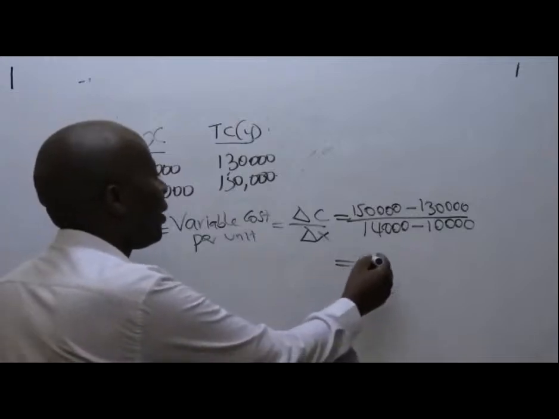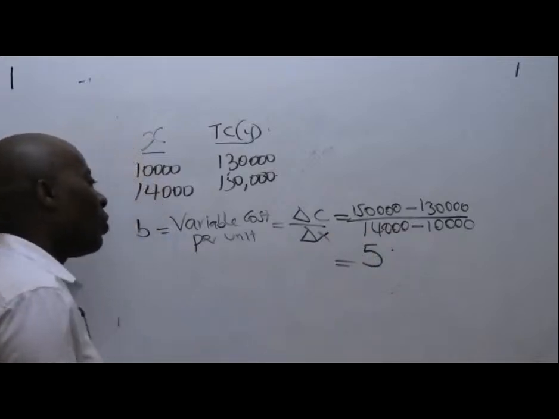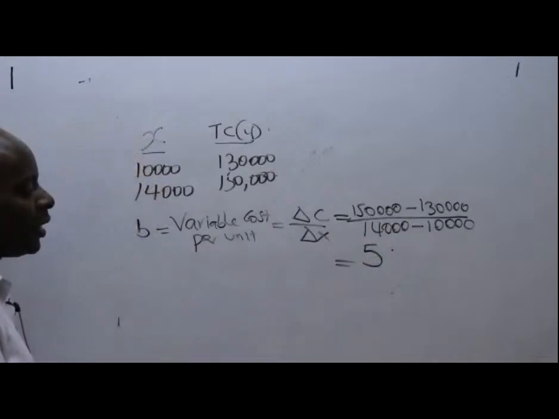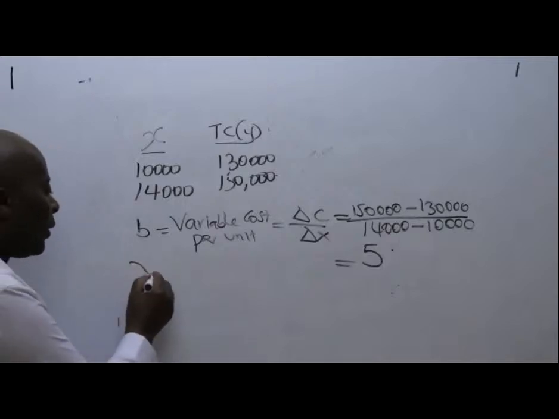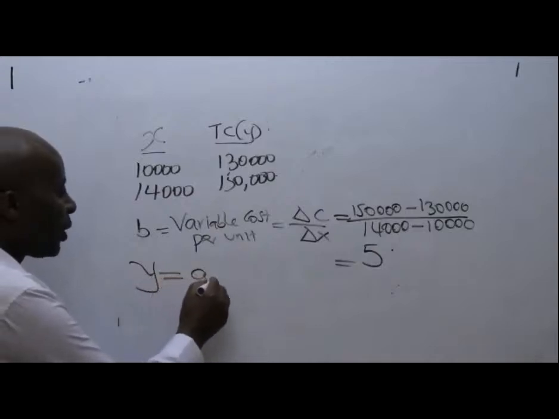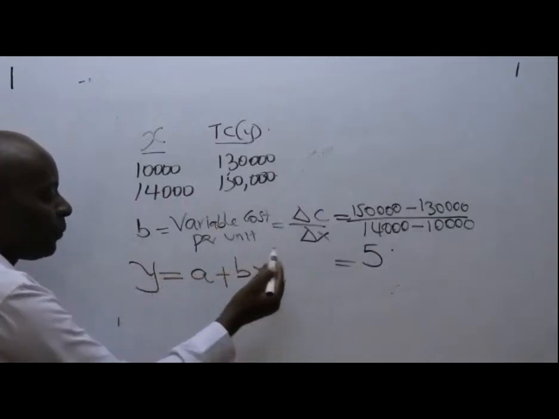So once I get variable cost per unit as 5, the next thing will be for me to get the fixed cost, which is A. Remember, our straight line equation is y equals A plus bx.